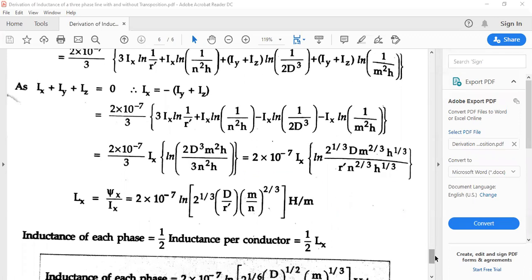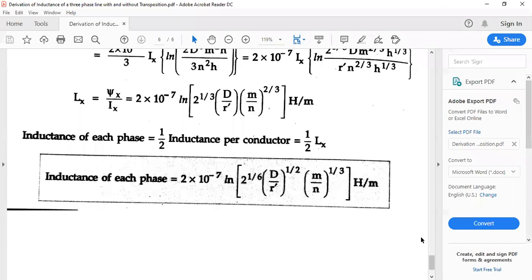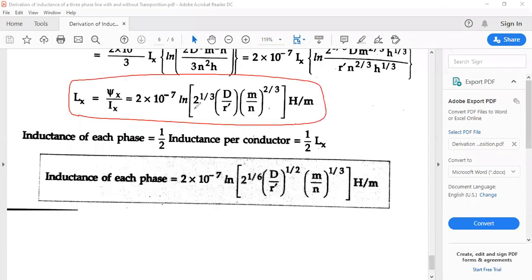So after regrouping the terms, you'll be getting the final result as Lx, that is inductance, Lx equals phi x by Ix, 2 into 10 power minus 7, ln of 2 times 2 power 1/3, d by r dash, m by n 2 to the power 2 by 3, Henry per meter. So inductance of each phase is equal to half of inductance per conductor.